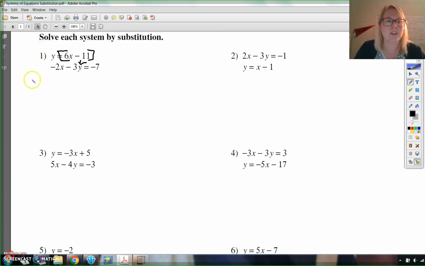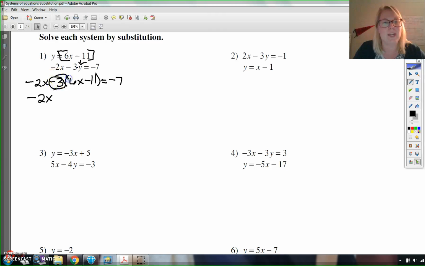So let's watch. I have negative 2x minus 3. This is being multiplied, right? So I'm going to multiply it by 6x minus 11 equals negative 7. Okay? So I bring down my negative 2x. I have to distribute the negative 3.